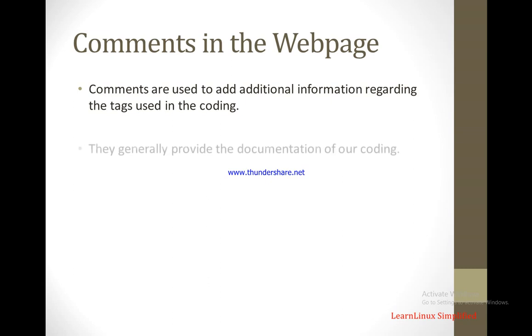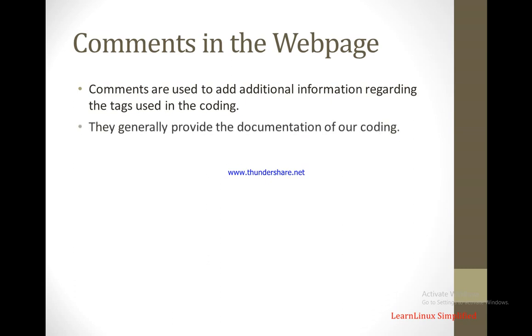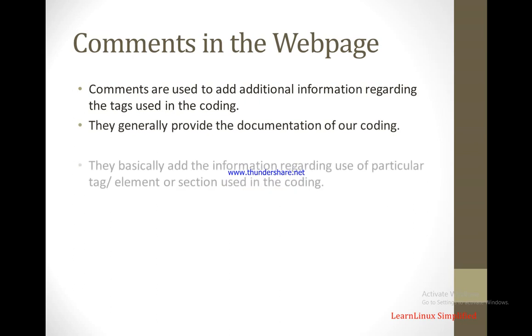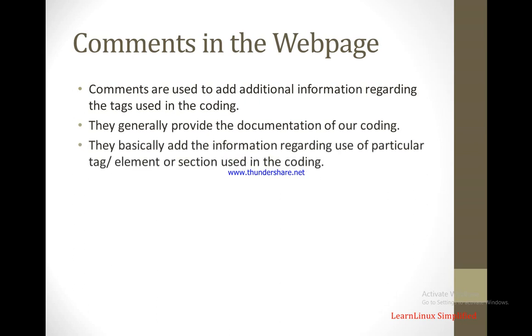They generally provide the documentation of our coding, means which tag is used over here, what is the purpose, why this tag is used here. All these things we can add as a comment. They basically add the information regarding use of a particular tag or particular element or particular section in the coding.